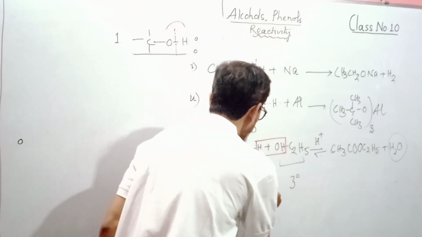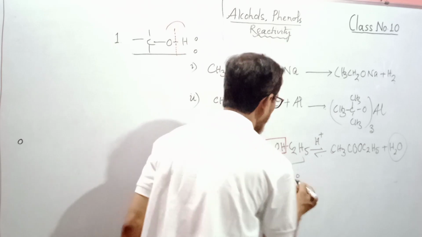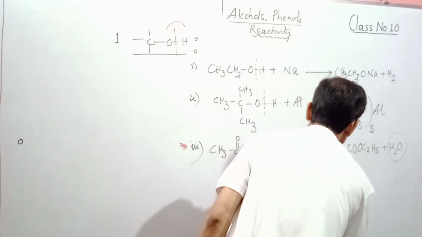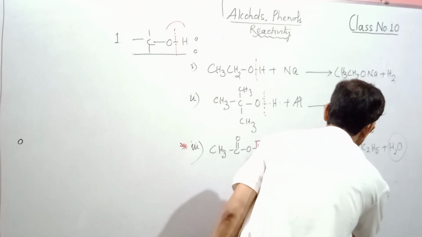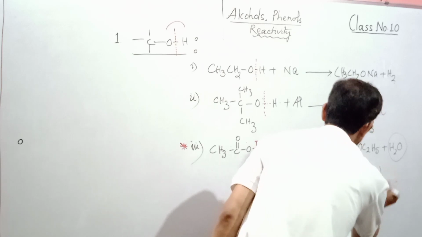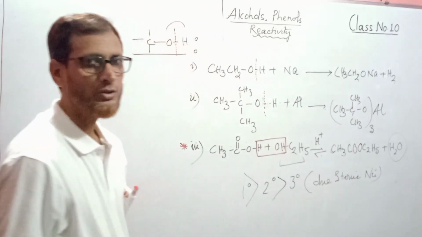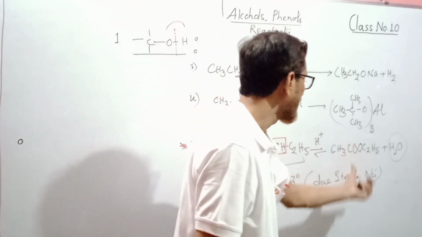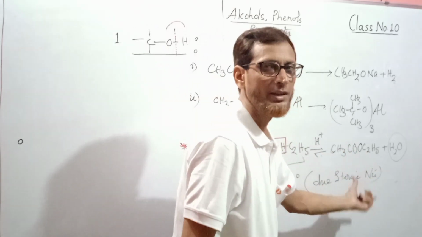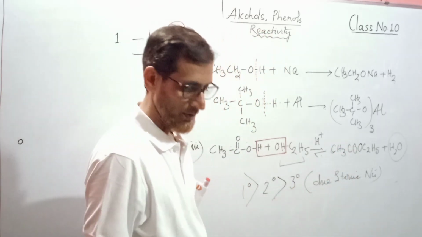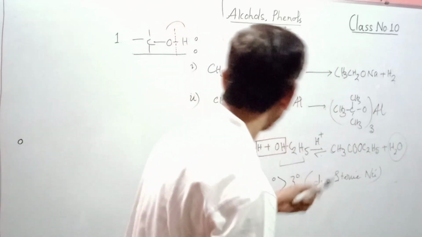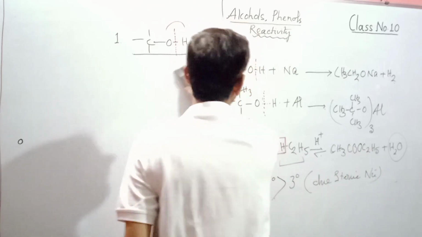Answer: the rate of reaction is of the order this, and this is due to steric effect of the nucleophile, because it is a nucleophilic reaction. The more steric hindrance of the nucleophile there is, the less will be the reactivity. That I have explained. You may not understand what I tell.